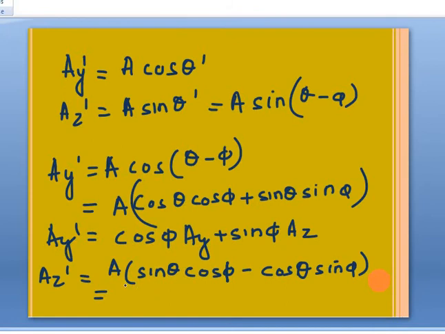This comes out to be, here we have expressed it as ay, az. Here also let us do the same. Then it comes out to be minus sin phi ay plus cos phi az. I hope these two terms are not difficult to find out, can be very easily obtained. Okay.